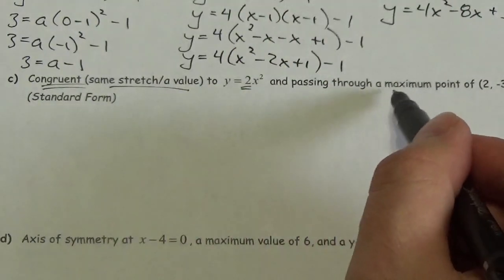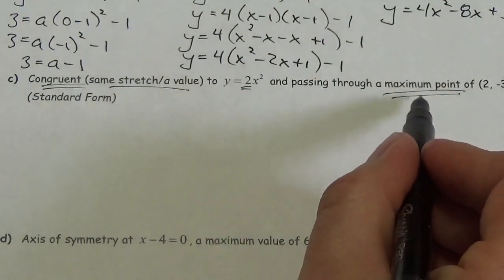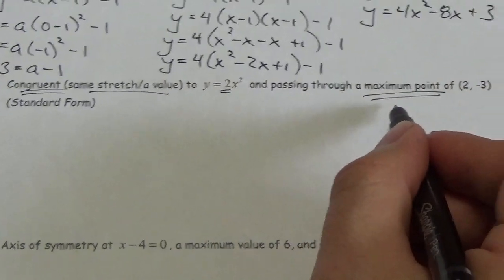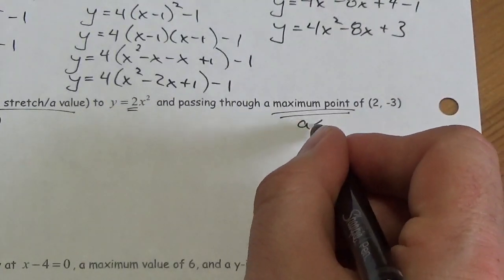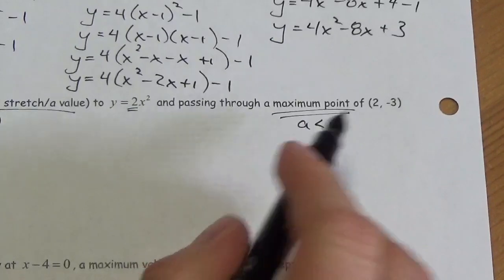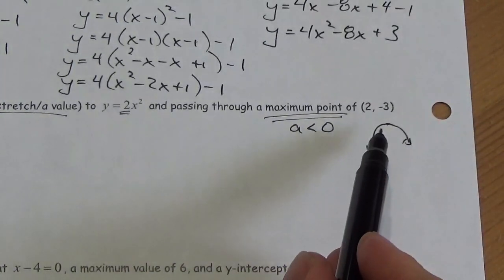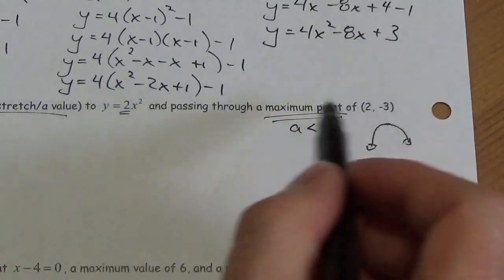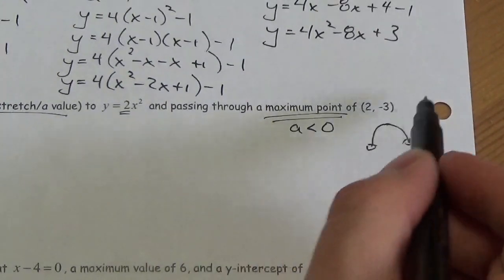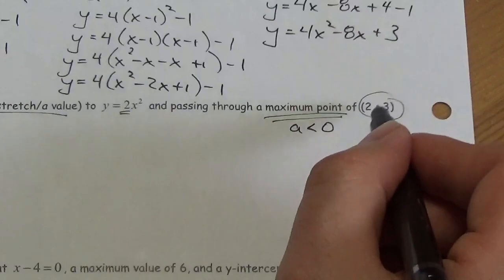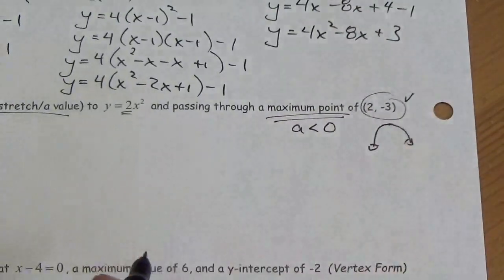And passing through a maximum point. Now, as soon as I say it's got a maximum point, what I'm telling you here is that the a value is negative. It's got to be less than 0 because it's got to open down so that the vertex is a maximum. And in fact, when this is the maximum point, that's because that's the vertex. So there's my h and my k.